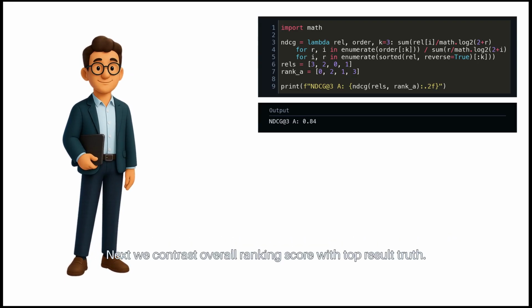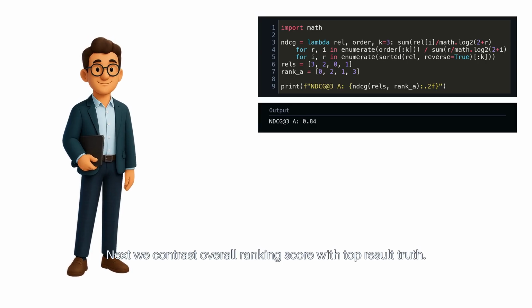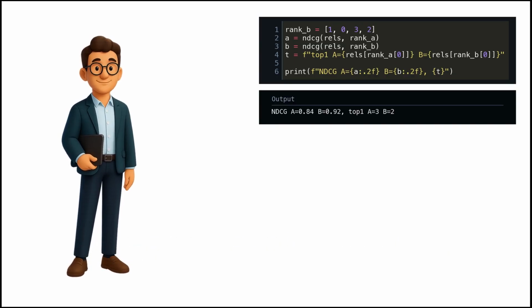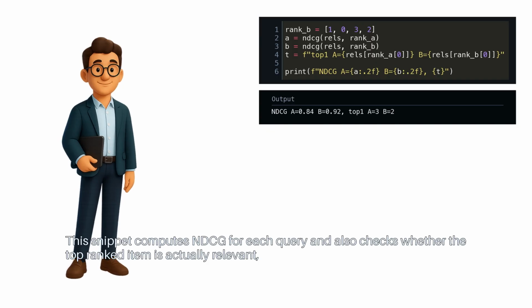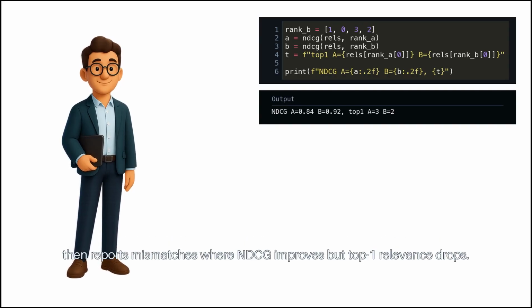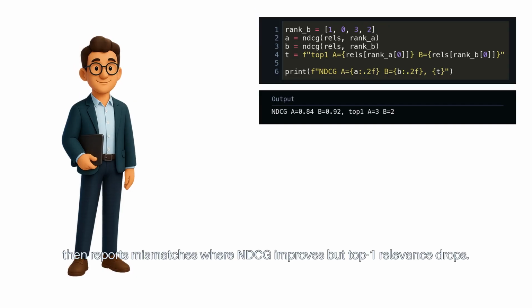Next, we contrast overall ranking score with top result truth. This snippet contrasts NDCG with top one relevance to catch misleading improvements. It computes NDCG for each query and also checks whether the top-ranked item is actually relevant. Then it reports mismatches where NDCG improves but top one relevance drops.